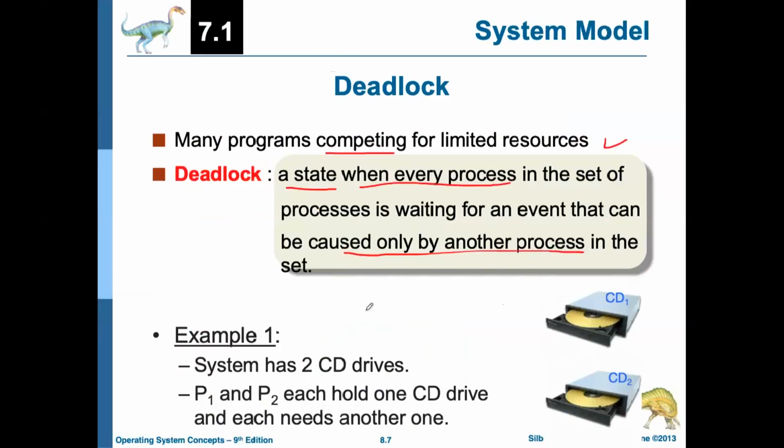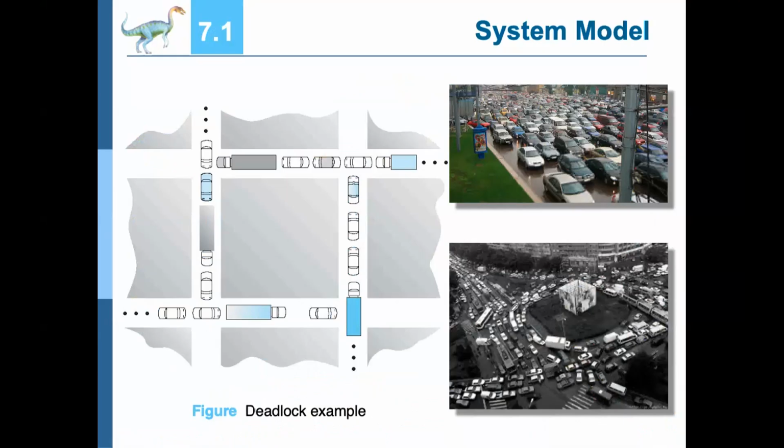For example, a system has 2 CD drives, CD1 and CD2. P1 and P2 each hold one CD drive, and each needs another one. They are sharing, actually. So this is a deadlock situation.